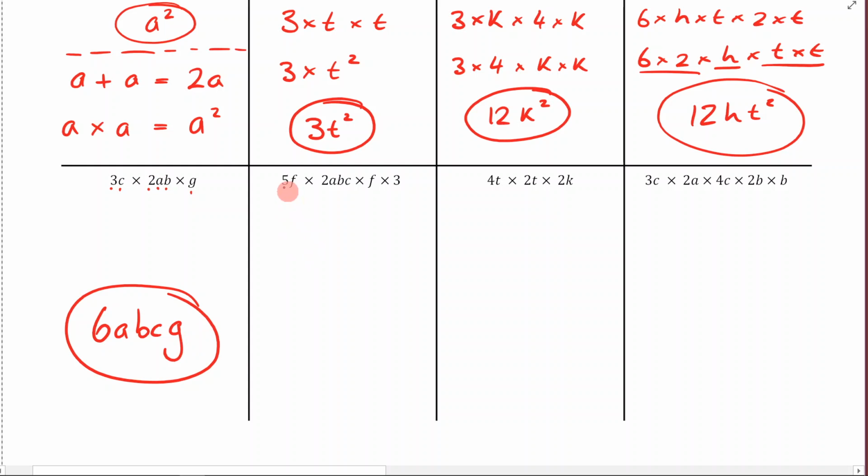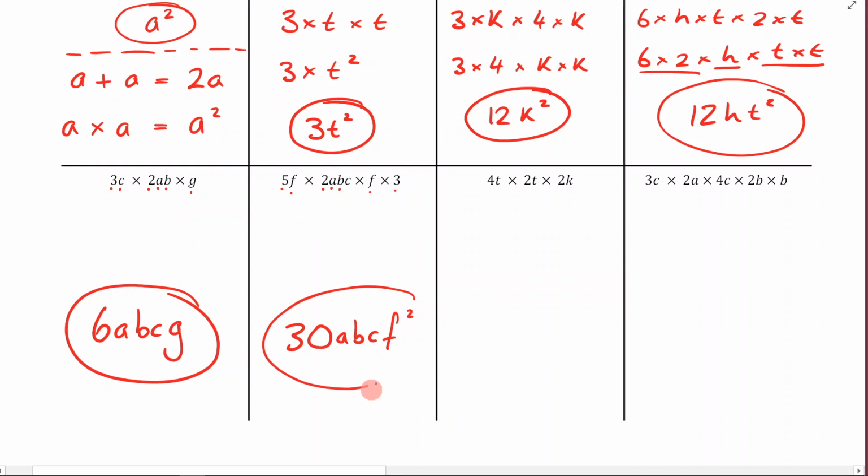Next, we have 5, 2, and 3 as my numbers. 5 times 2 is 10, times 3 is 30. Then I have 1a, I have 1b, I have 1c, and I have 2 f's. So that means I have f squared, because it's f times f.